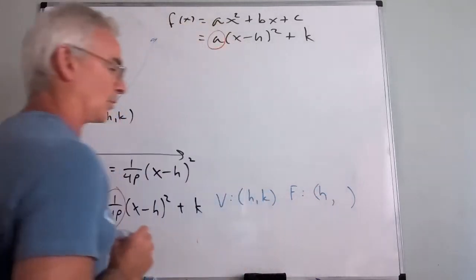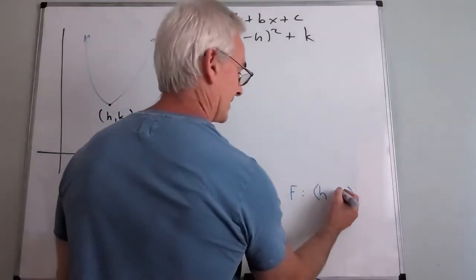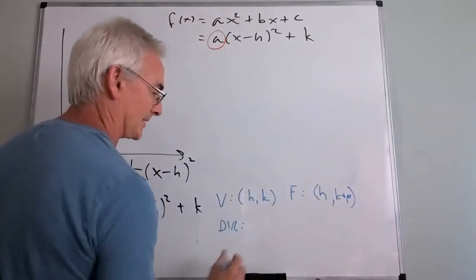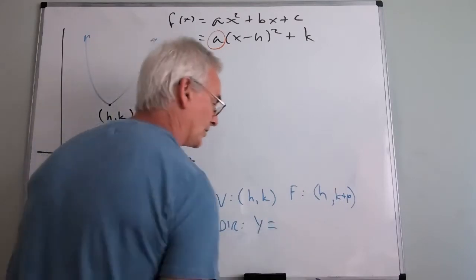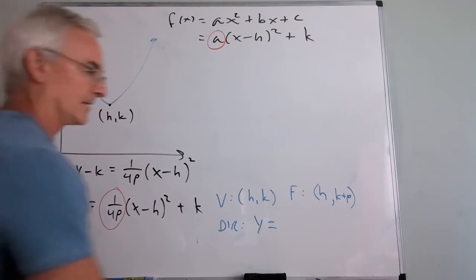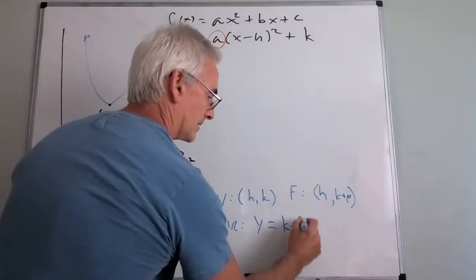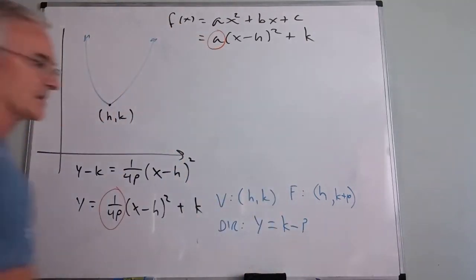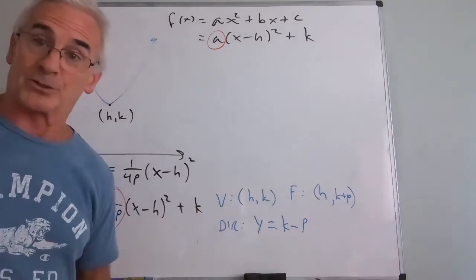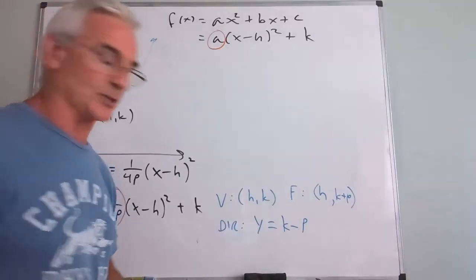So it'd be h comma what? k plus p. Perfect. Now the directrix, that's a line. That's the line y equals, whichever way you went to get to the focus, go the other way to get to the directrix. But that's not a point, that's the line. Ah, well, that wasn't very complicated. So let's throw in some actual values so we can see where the calculation comes from.